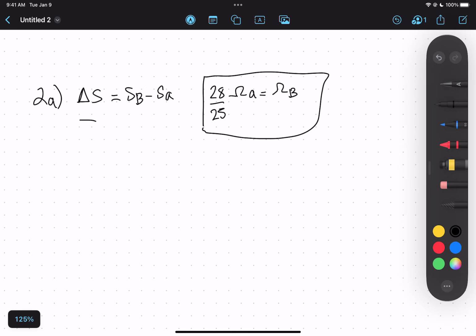Essentially, you would just use, like how we've always done so far, figure out the change in entropy. You know how to set up the entropy equation. You have your multiplicity for B, and you have your multiplicity for A. If you use the last part of that sentence, where B is bigger than A by a factor of 28/25, then that's how you can figure out your change in entropy.